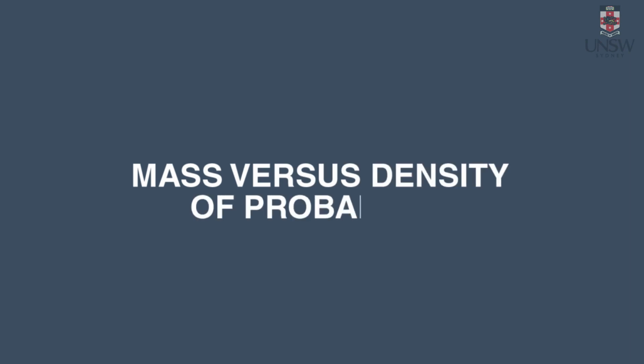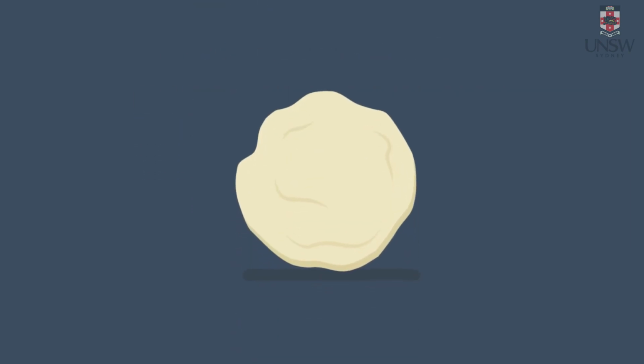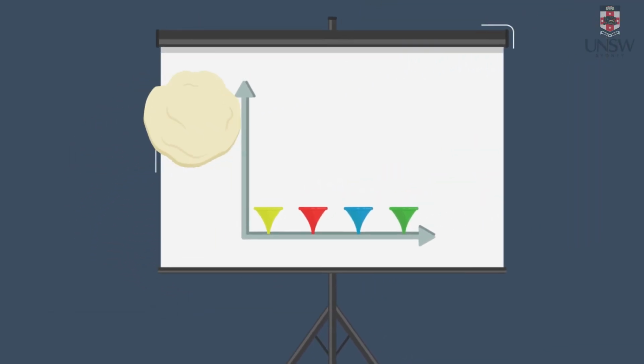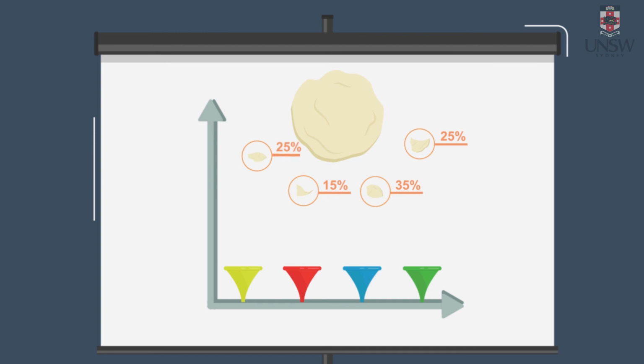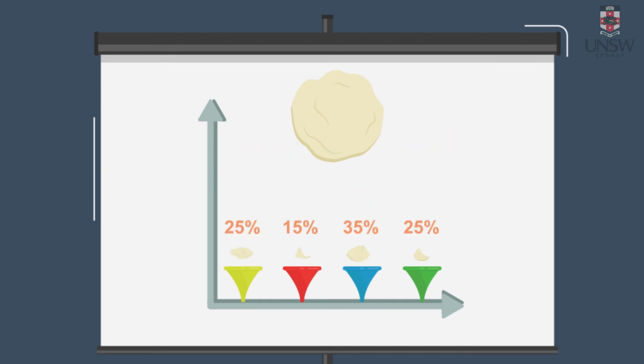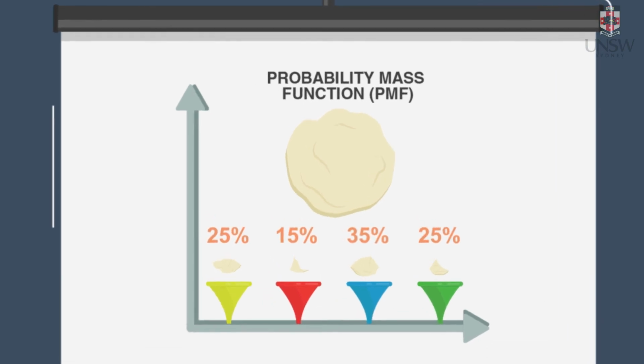The way the mass, our Play-Doh, is apportioned is different for discrete or continuous random variables. For discrete distributions, bits of Play-Doh are distributed over the possible distinct outcomes. The result is what we call a probability mass function, PMF in short.